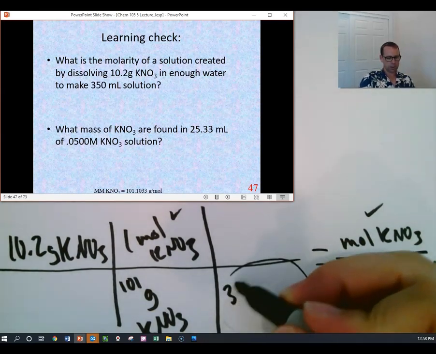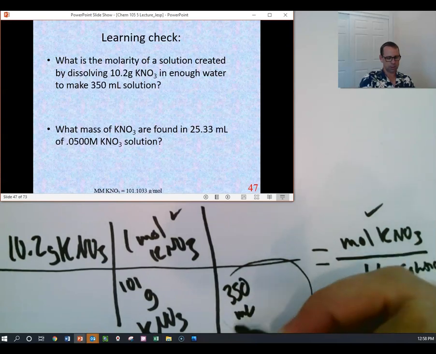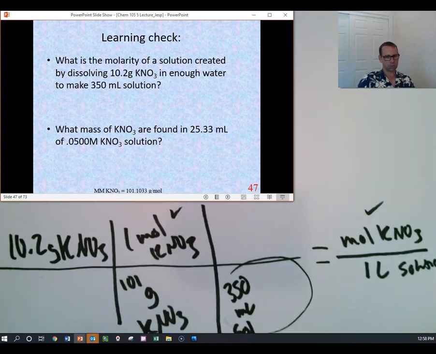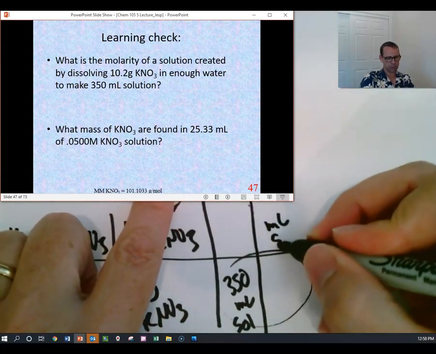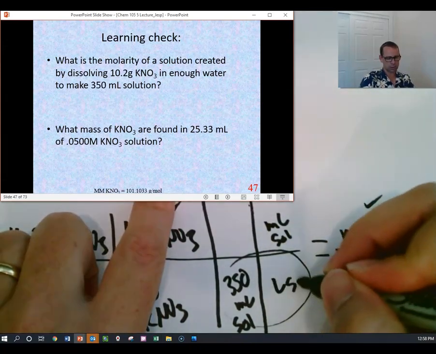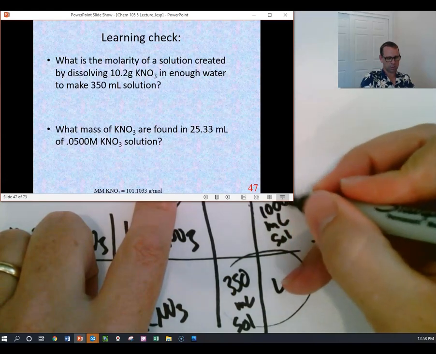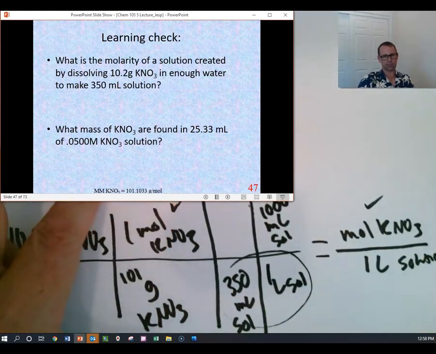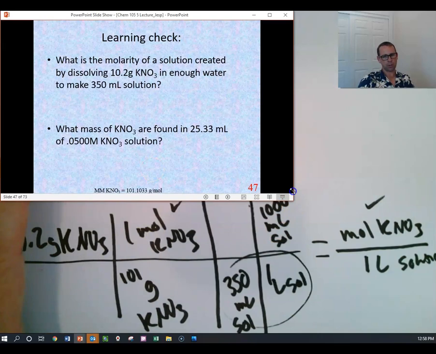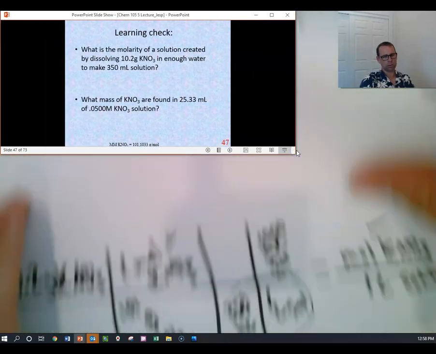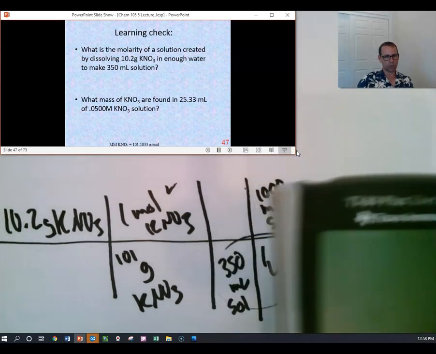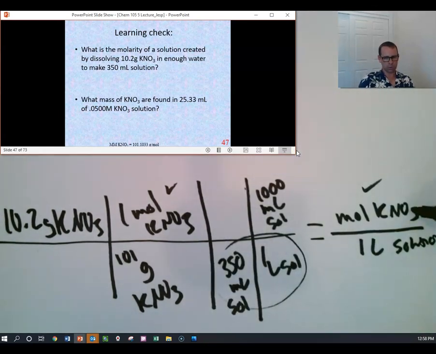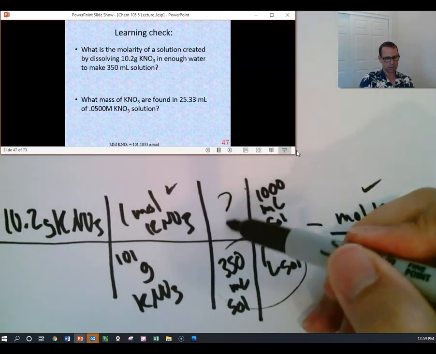I can say I have 350 milliliters of solution, and I can convert that milliliters of solution to liters of solution by using 1,000 milliliters for every 1 liter. Very good. So using my dimensional analysis, I can solve for the molarity, which is moles of my solute per liter of solution. Now some people say, well, what needs to go here?